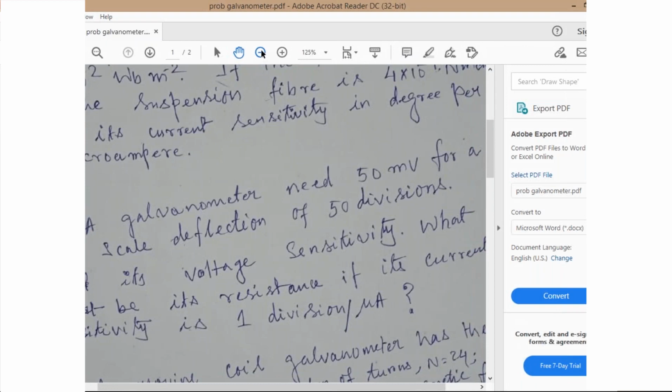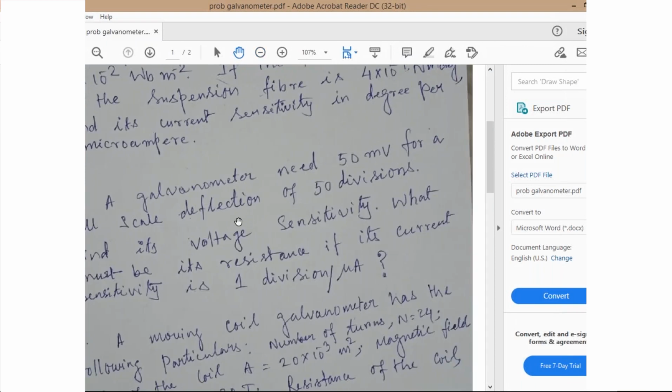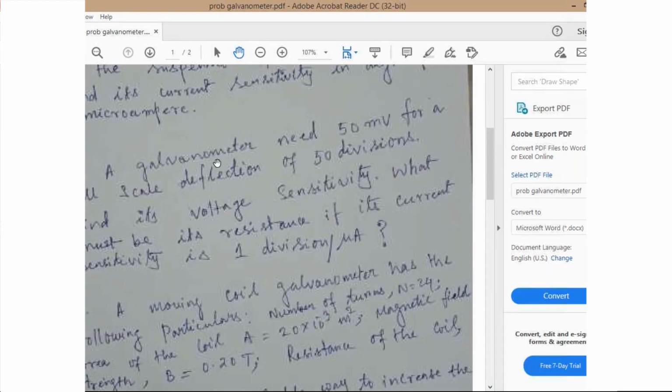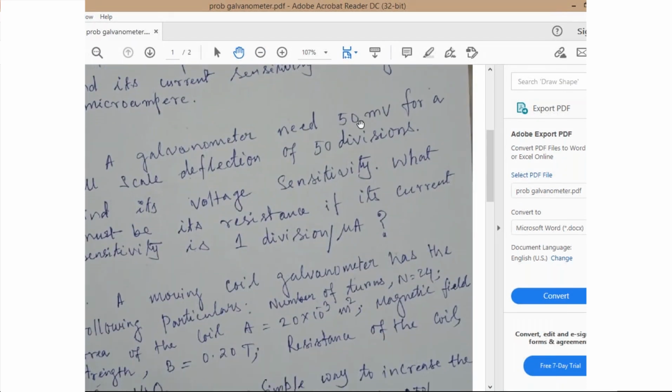The second question is also similar to this one, sensitivity and divisions. The previous one was directly obtained from there. Now look here. The second question: a galvanometer needs 50 millivolt for a full scale deflection of 50 divisions.